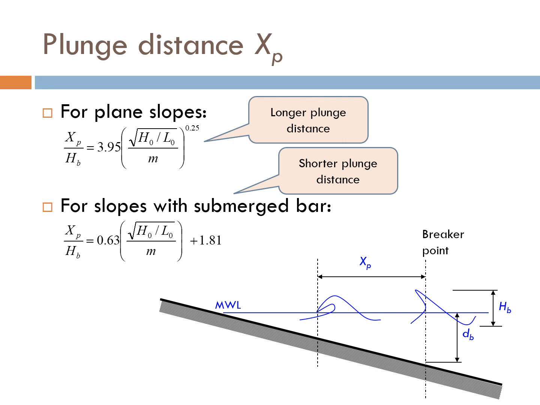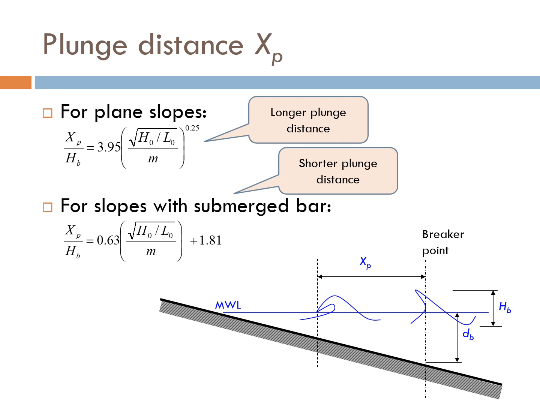Previously we already discussed how to estimate the breaker height and the breaker depth, which is the point where the wave will break, and here we are going to look at plunge distance. When the wave has reached the breaking point, it will break over a distance instead of at one point. For example, as shown in this figure over here, where we have a plunging breaker, the plunging breaker will form and it will continue to move forward until it breaks, and that is a finite distance.